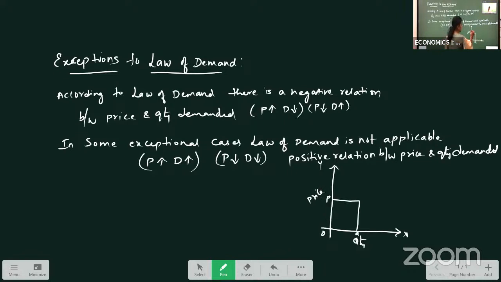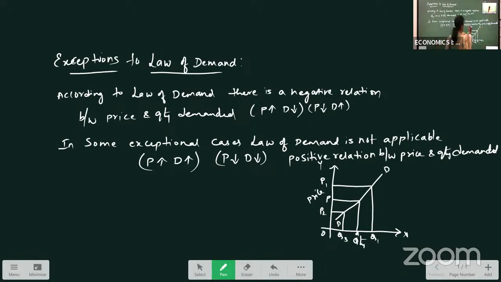When price increases to P1, demand also increases to Q1. When price decreases, our demand also decreases.